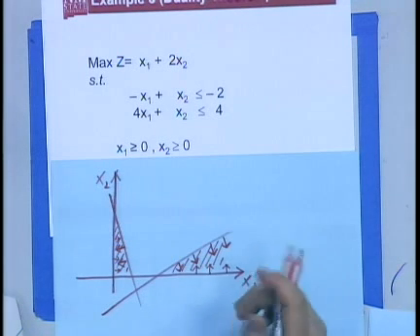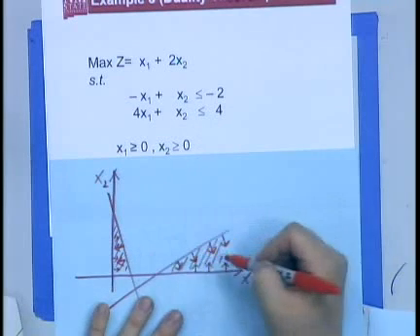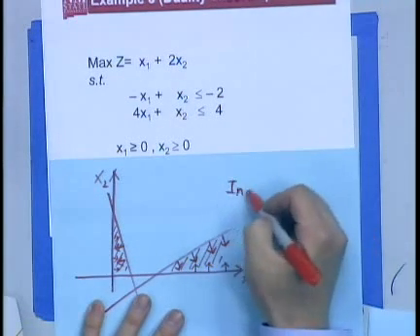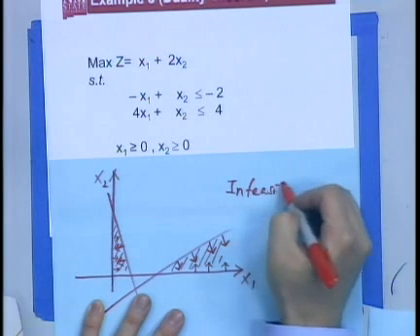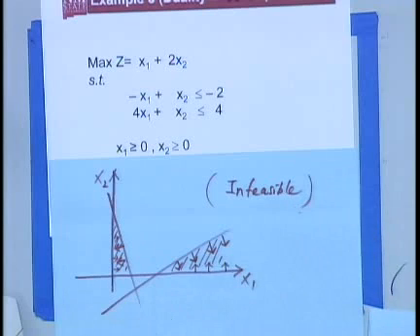Since no points satisfy all the constraints, there is no feasible region. So it is an infeasible LP, right? So this is infeasible. So we have a primal LP which is infeasible. Okay?